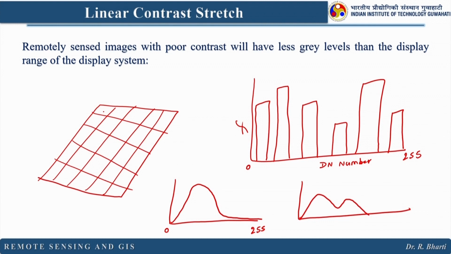So, what is happening here? Basically, you are not occupying the full 0 to 255 range. Here this is empty, there is no data here. All the values are from 0 to maybe, let us say, 200. So, all the values of your image are basically starting from 0.